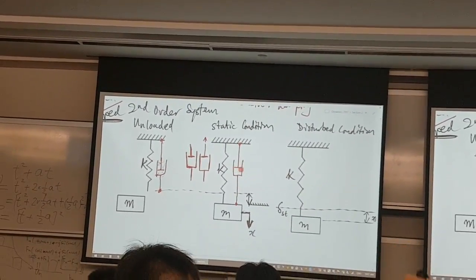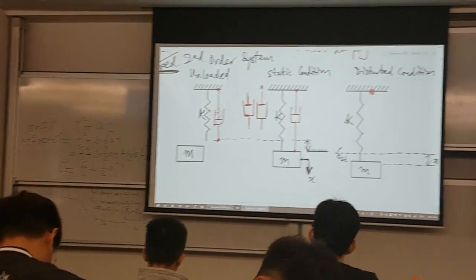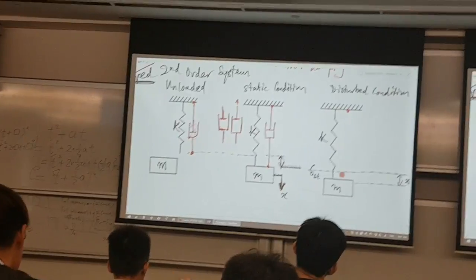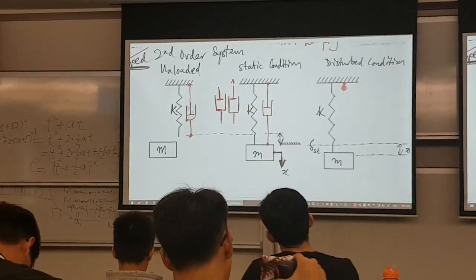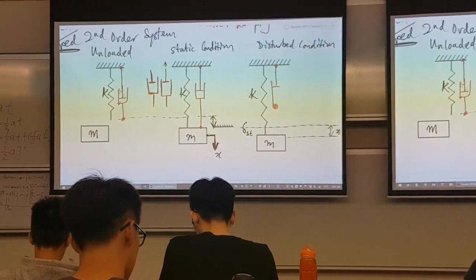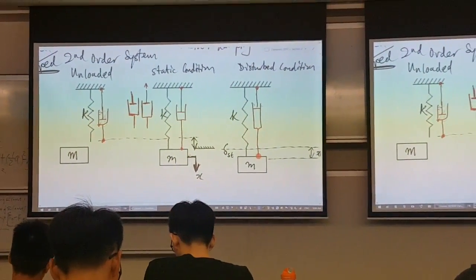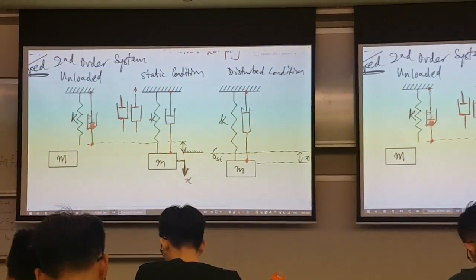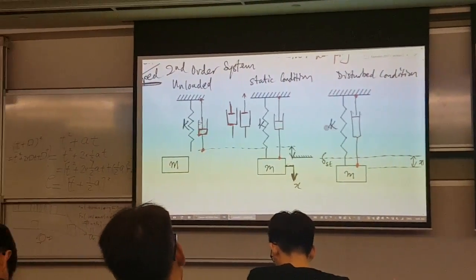What I've sketched over here is for the static condition. If you look at the disturbed condition, then you're going to pull down that damper together with the spring. So what I've sketched is that this kind of space in there will be increasing.